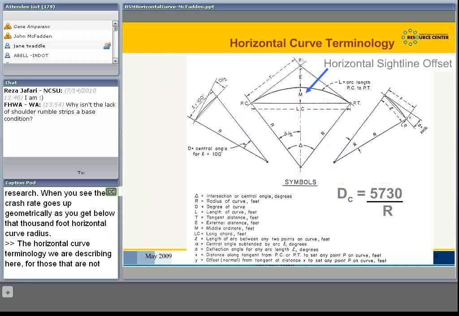What I'm doing there, in essence, violates the first two assumptions shown in this slide. By off tracking through a horizontal curve, we are not tracking the curve as a point mass, and by changing speed within the limits of the curve, we are violating the assumption that we traverse the horizontal curve from PC to PT at a constant speed.